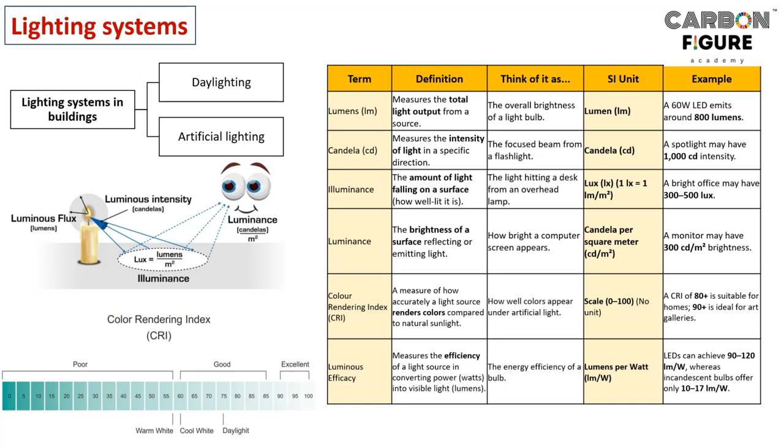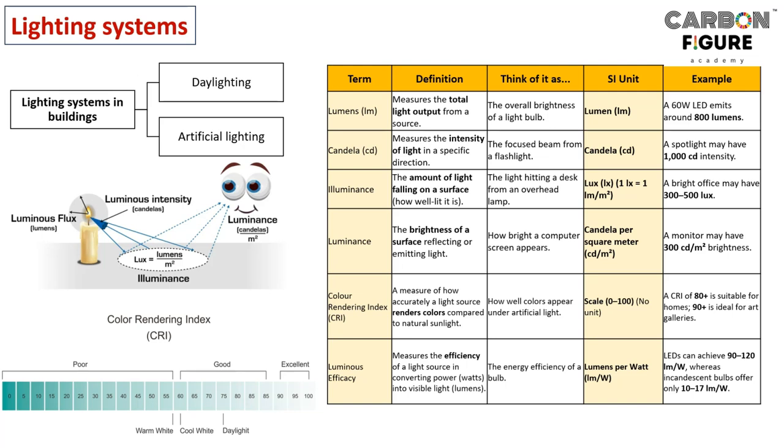So a monitor may have 300 candela per meter square brightness. Obviously, we are holding right now a mobile phone or a laptop or a desktop. If you are sitting straight, at 90 degrees, the luminance might be different. If you slightly change your head position, same laptop, same screen, you may receive a different luminance, right?